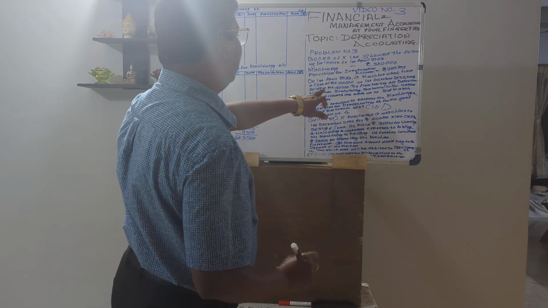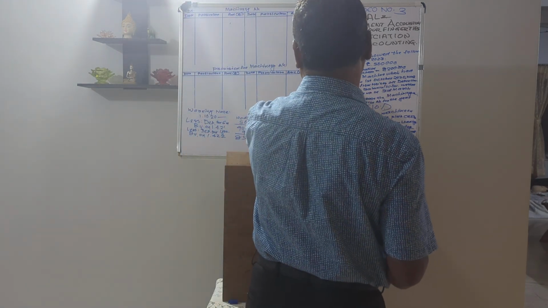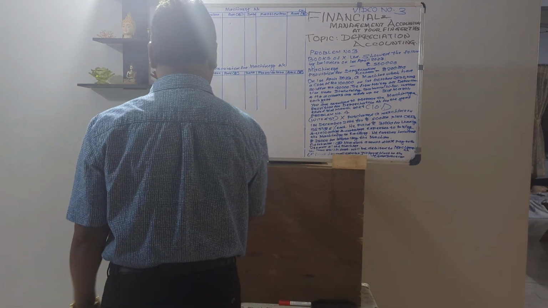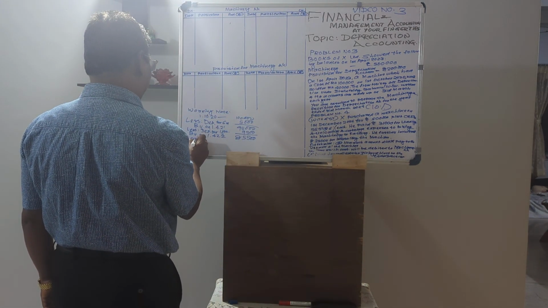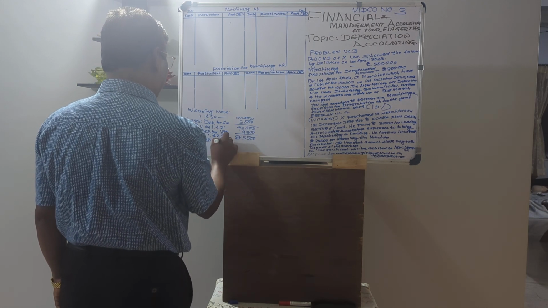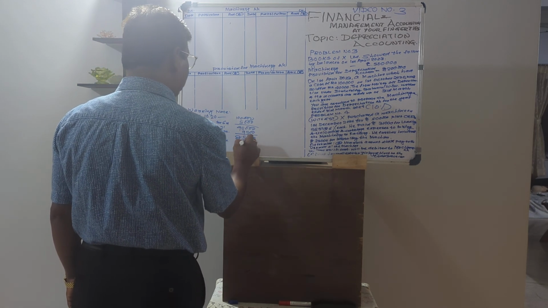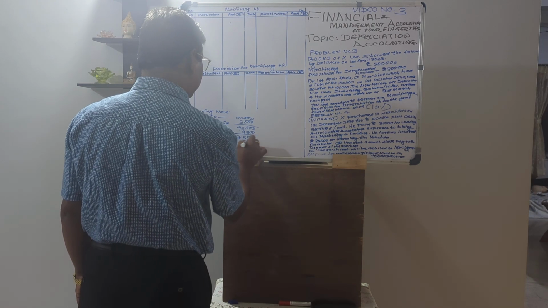Then this machine, which cost 1 lakh on 1st October 2020, was sold on 1st April 2023. So less depreciation for 1 year, that is 8,550.